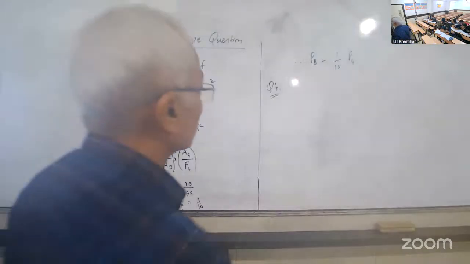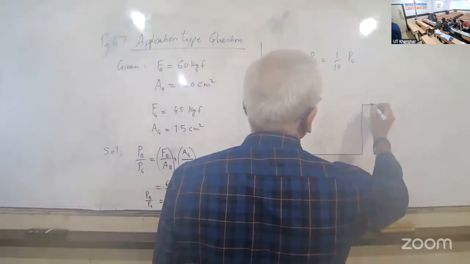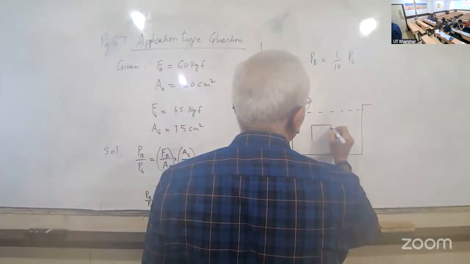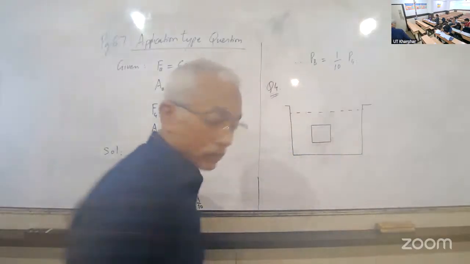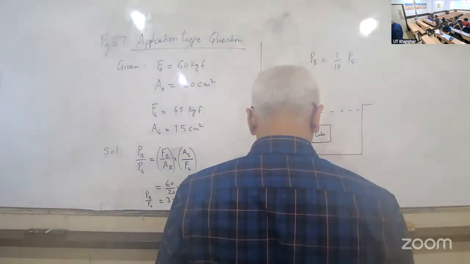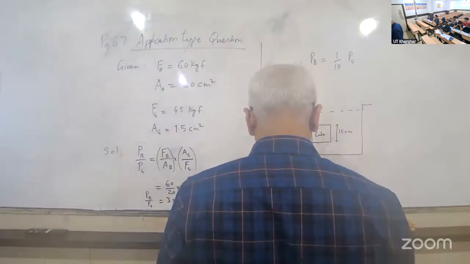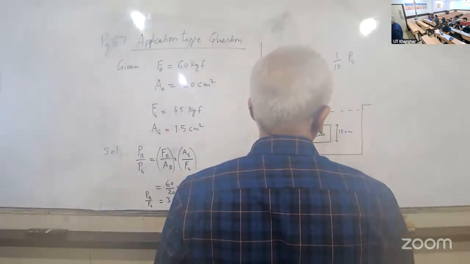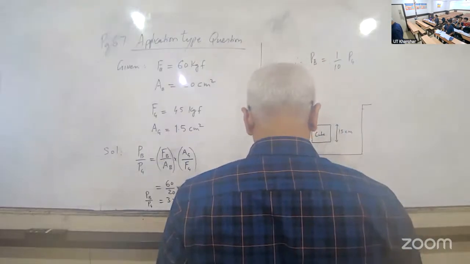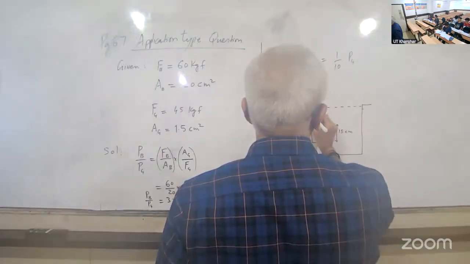What is given in the question 4? This is the scenario. What is given here? This is a cube. This is 20 centimeters.